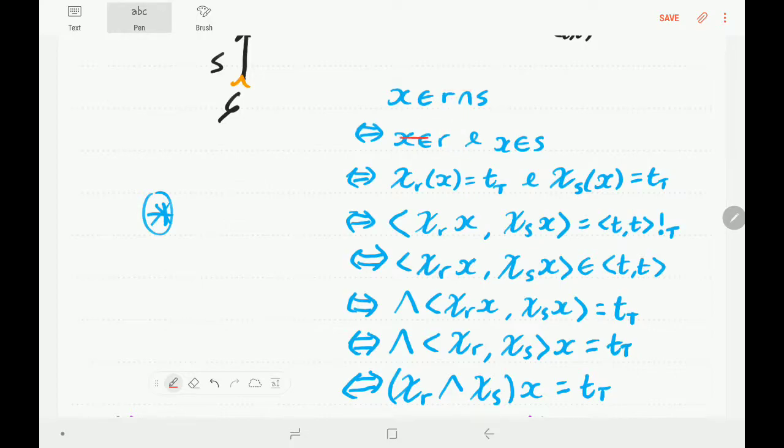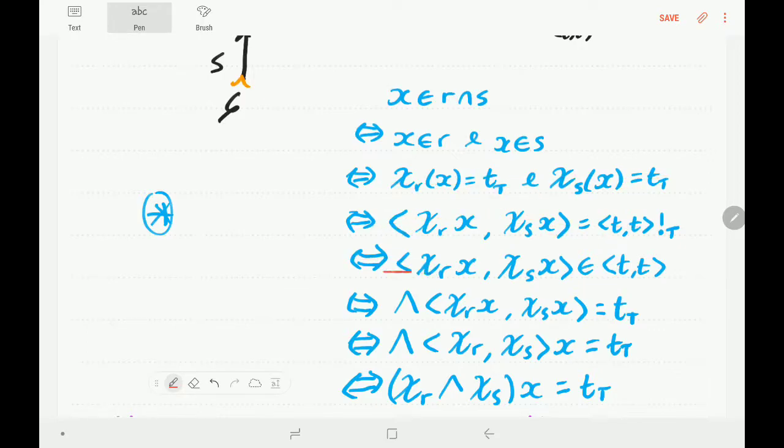Now, that's going to be true if and only if chi of R of X is true and chi of S of X is true, using the property of subobject classifier as equalizer. And that's going to be true if and only if chi of R X, comma chi of S X is T, comma T, exclamation mark T. That's just pairing these statements together.